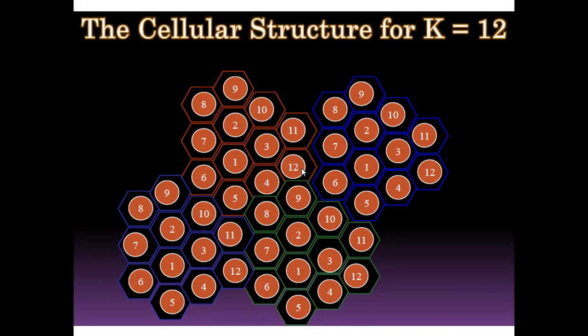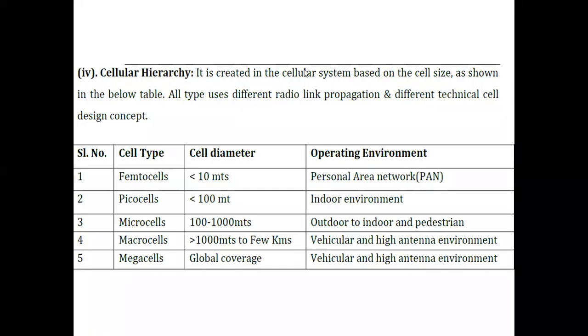Now further I will discuss what types of cells there can be: femto cells, pico cells, and what the operating environment is, meaning where each can be used. This is the cellular system based upon cell size.